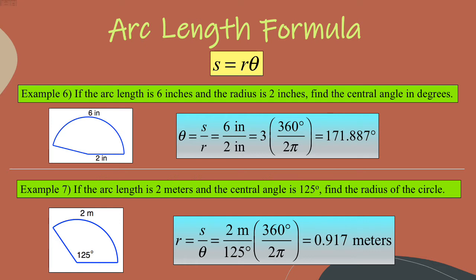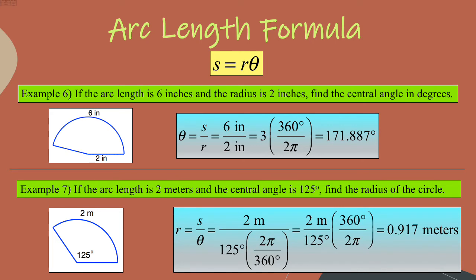But again, we must change the degrees to radians, and therefore, using the conversion that 360 degrees is the same as 2 pi, we multiply by 360 degrees over 2 pi. The degrees cancel, and we're left with 2 over 2 pi, which turns out to be 0.917 meters.